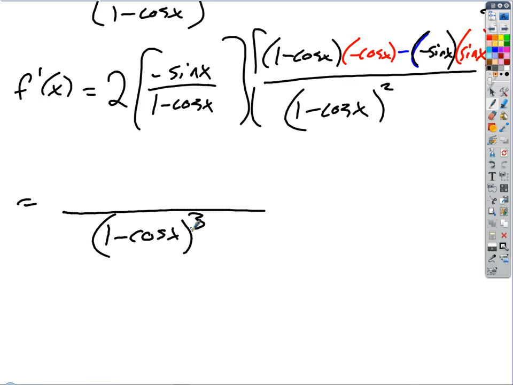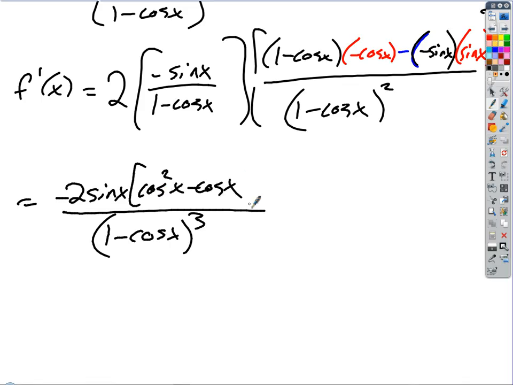Now on the top, it's going to be a little bit of a mess. I've got my negative 2 sine x, but then I've got some stuff I can do up here, don't I? So if I distribute that negative cosine x, I'm going to get cosine squared x minus cosine x. Good.